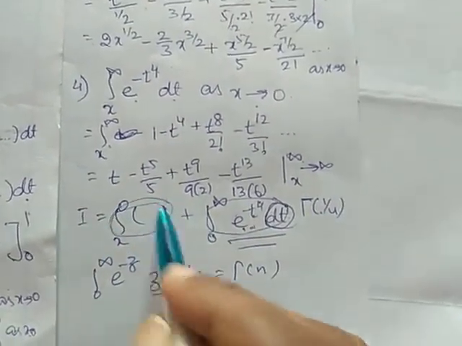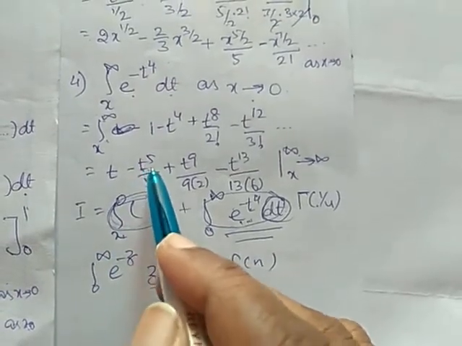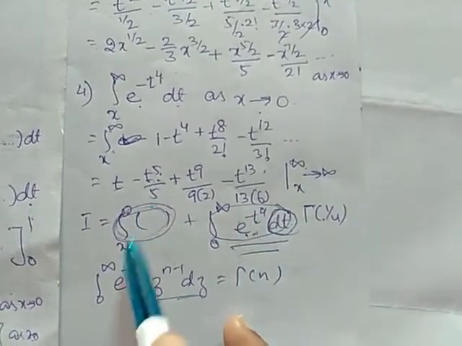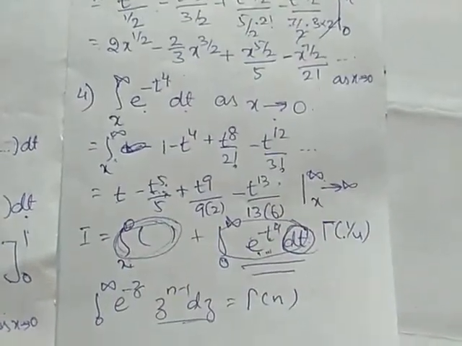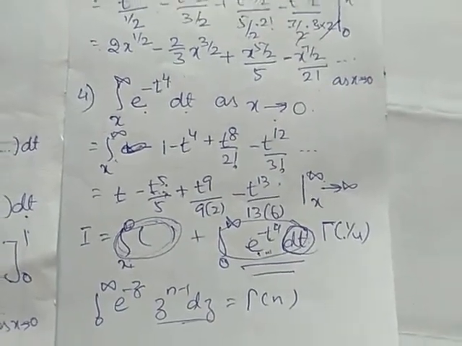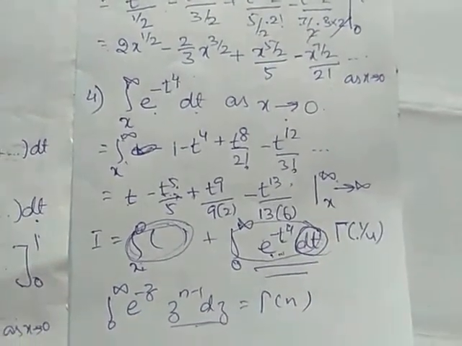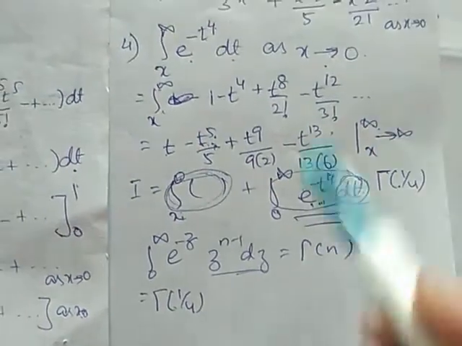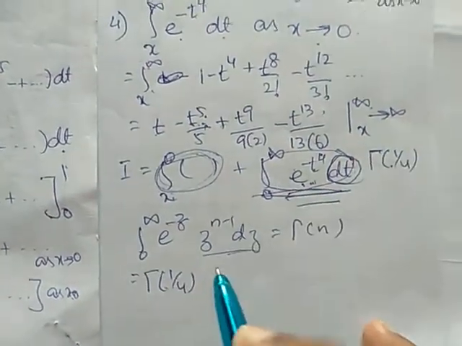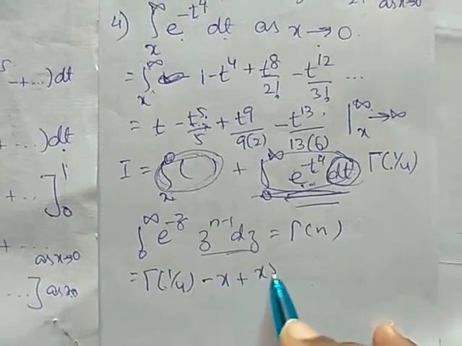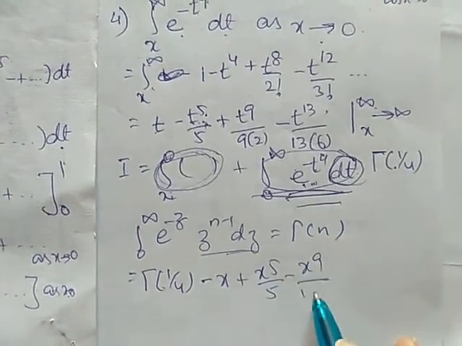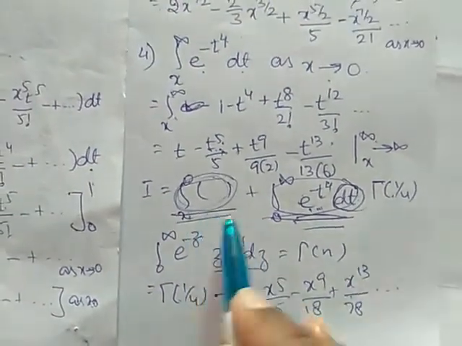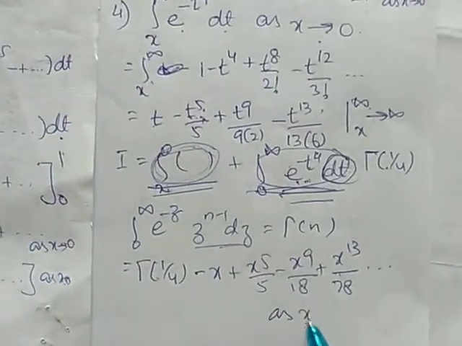So this integration is between 0 to x. When we substitute 0 to x here, the upper limit gets cancelled, we will get the lower limit. Therefore, the solution of this will become gamma of 1 by 4, which is from this value, minus x plus x power 5 by 5 minus x power 9 by 18 plus x power 13 by 78, etc. This is from the first integral as x tends to 0.